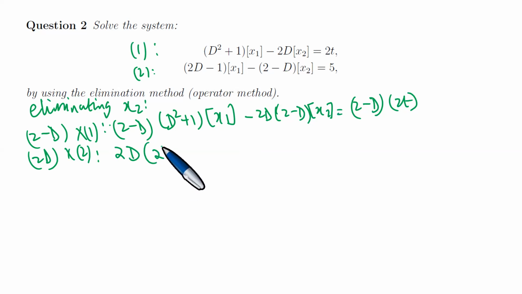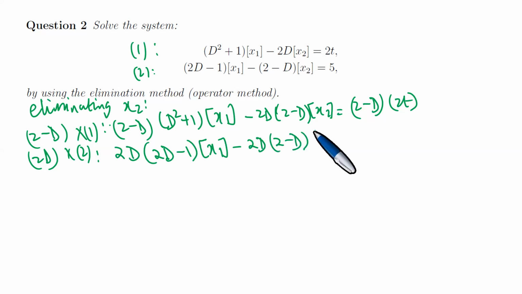So it's going to be twice d minus 1, x1, minus, you multiply this one by twice d, which is x2. And then you multiply by twice d. Okay.